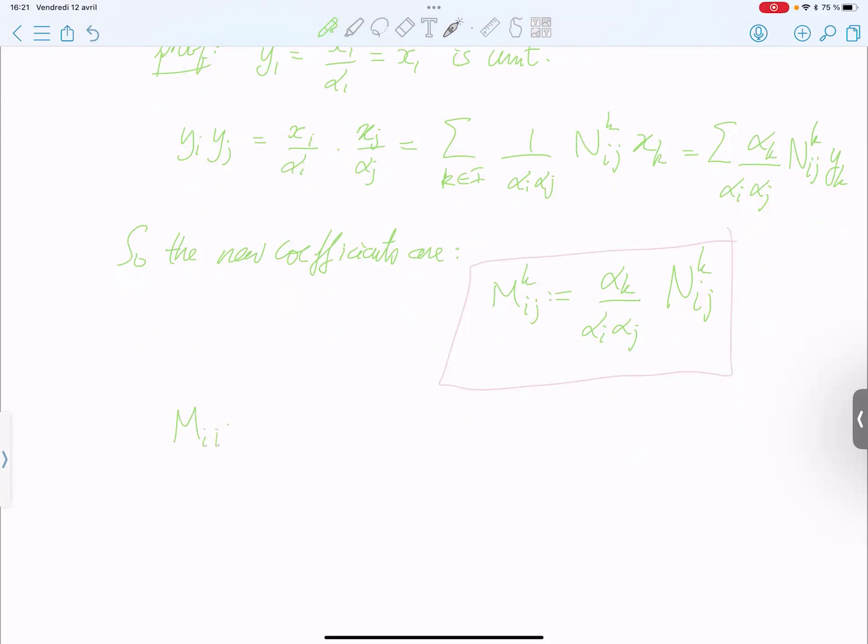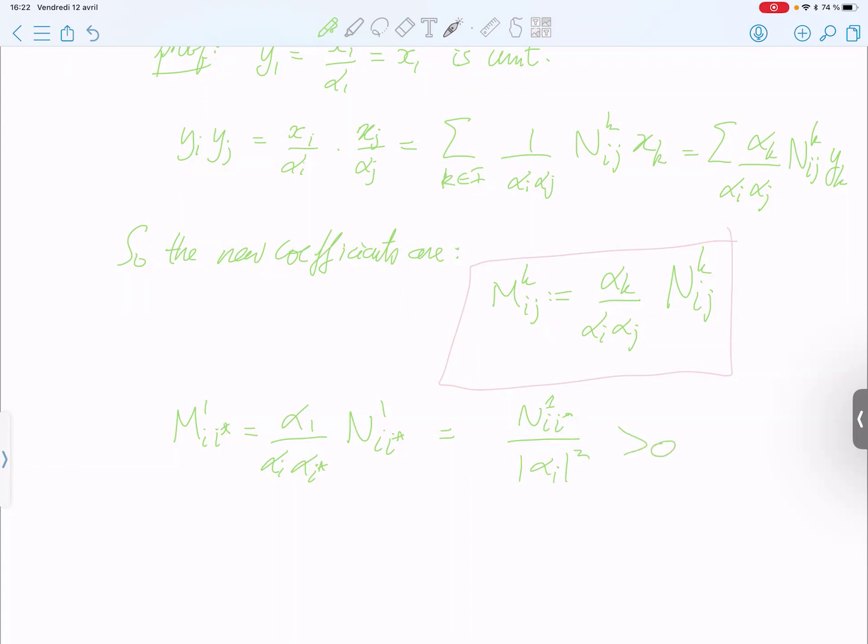So m_i star 1 is alpha 1 over alpha i star n_i star 1, which is 1 over alpha i complex conjugate n_i star 1, which is 1 over the square modulus of alpha i, which is positive.